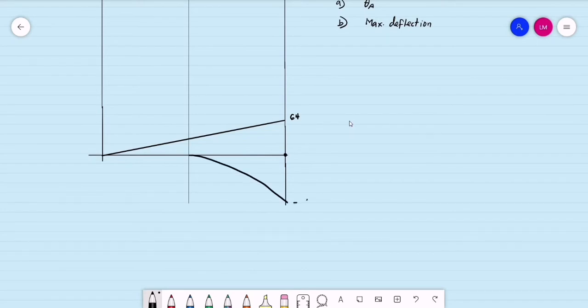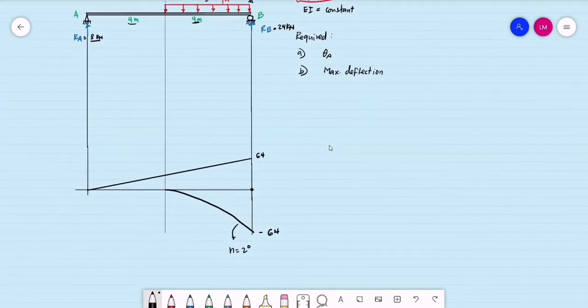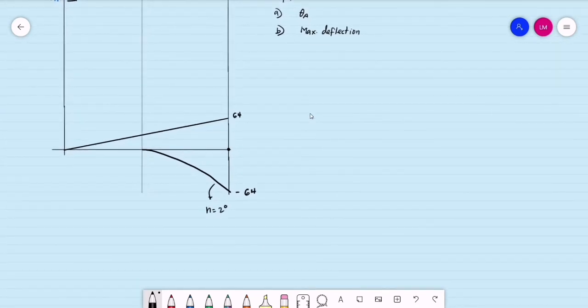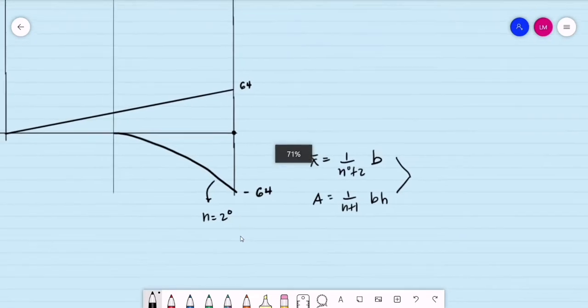Let's say we have negative 64. The degree of this curve is second degree. Again, if we recall, how do we locate the centroids of this spandrel? That is 1 over the degree of the curve plus 2, multiplied by the base. How do we compute the area of spandrels? The area is equal to 1 over n plus 1, the base times the height. So just to recall this formula for the spandrel.